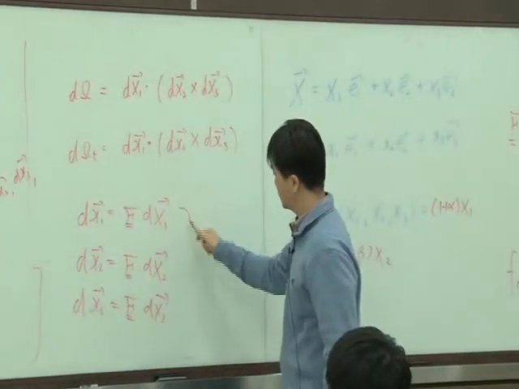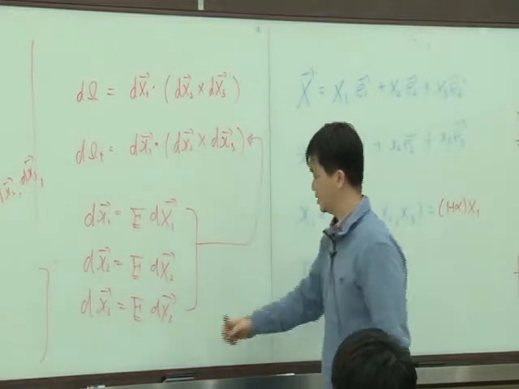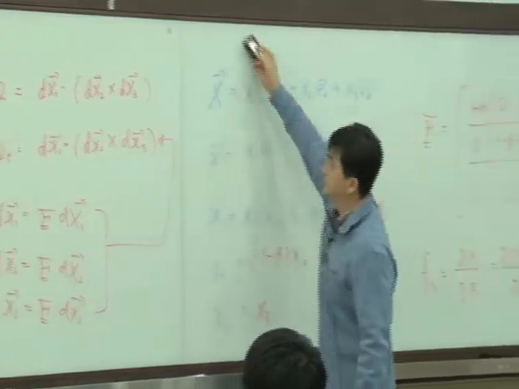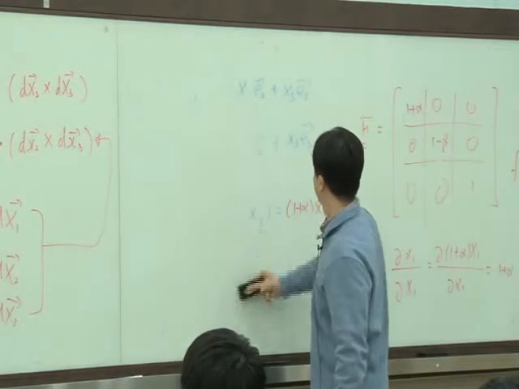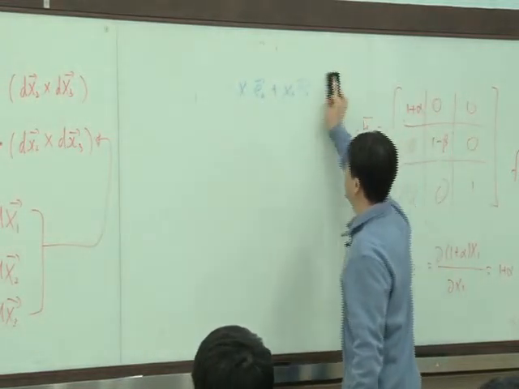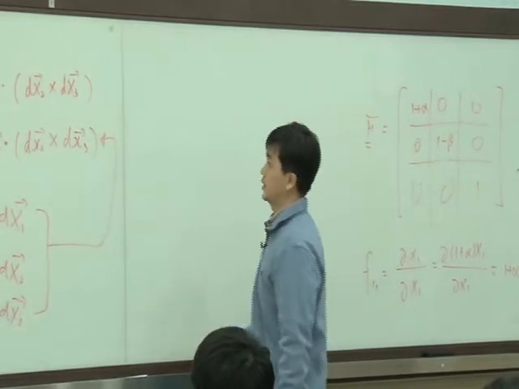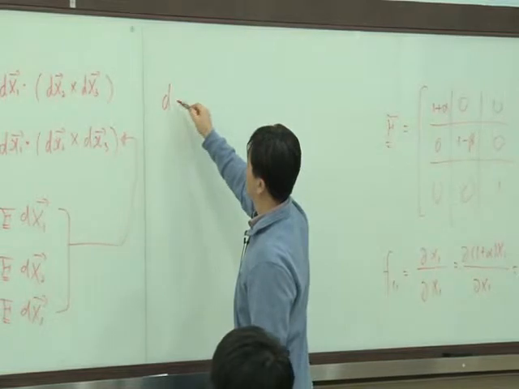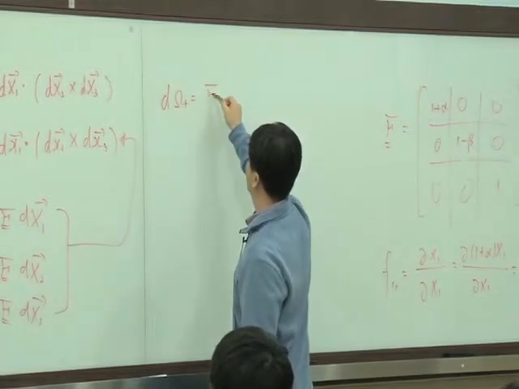And let's plug these three equations into here. Then d omega t equal F dX1 dot F dX2 cross F dX3.